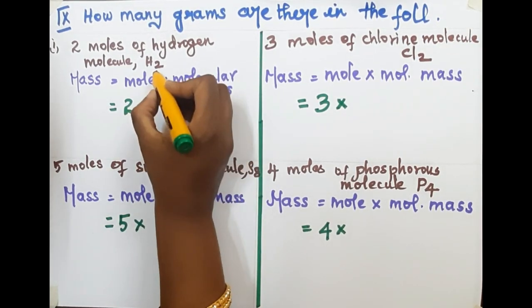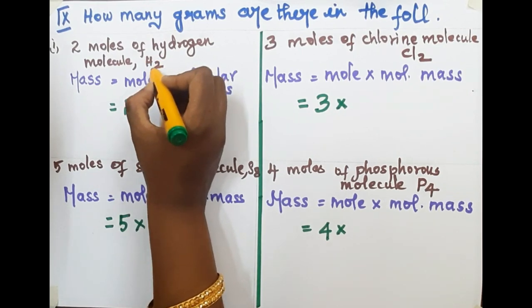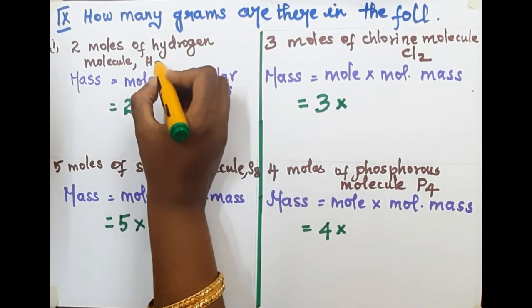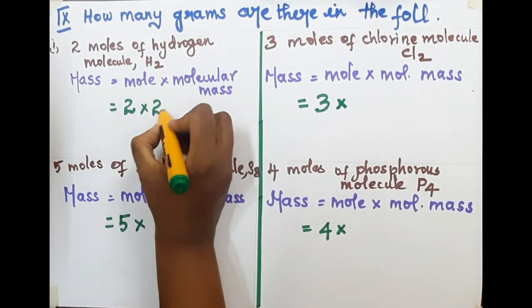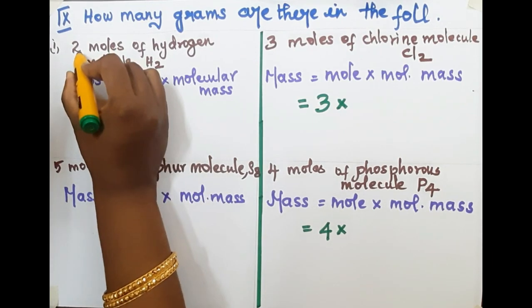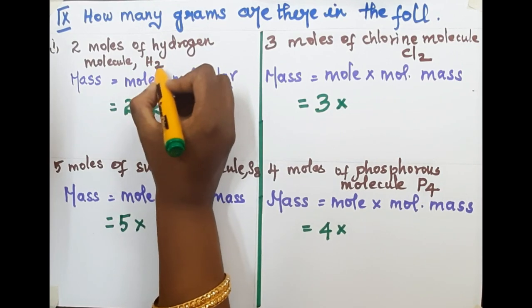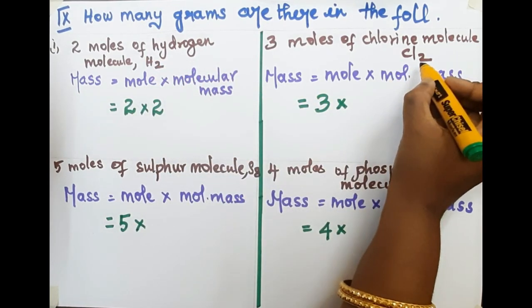Next, you just consider the number of atoms. How many atoms are there in the hydrogen molecule? It is 2. Let me repeat, children. The first 2 stands for the moles; the next 2 stands for the atoms.